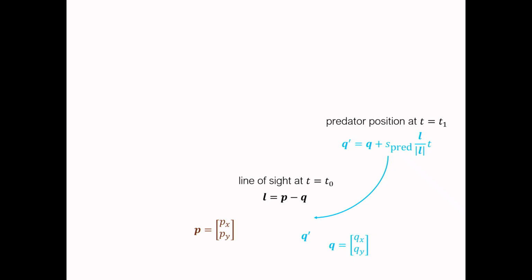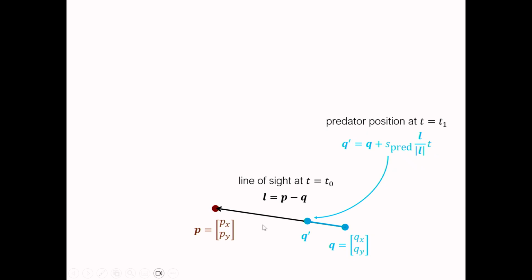Step 2, move along the line of sight. So how do you move along the line of sight? The easiest way to do this is if your predator is moving with some speed s over some amount of time t, to move it in the direction of the line of sight, you simply move it along the normalized line of sight.